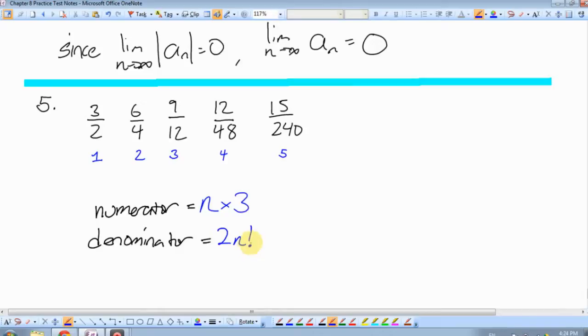Are we just gonna do 2n? You got exclamation point, factorial. Yeah, factorial. Oh, okay. We haven't done factorials before.